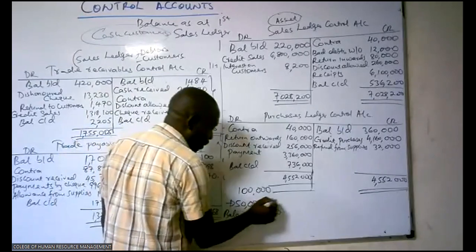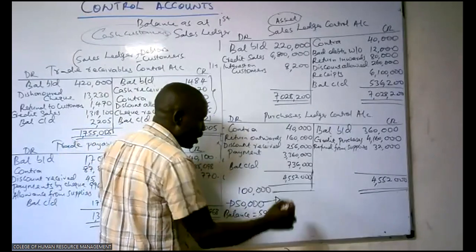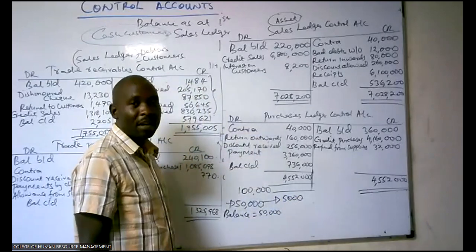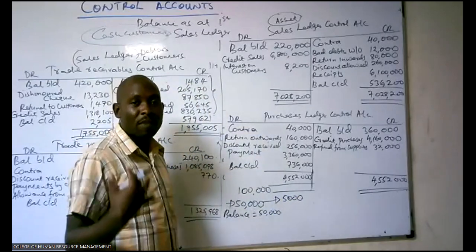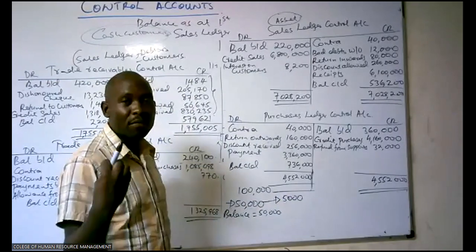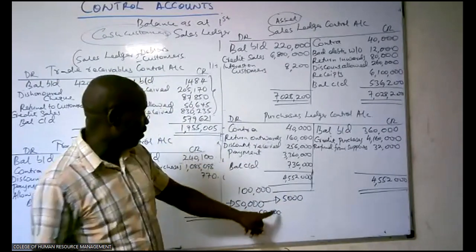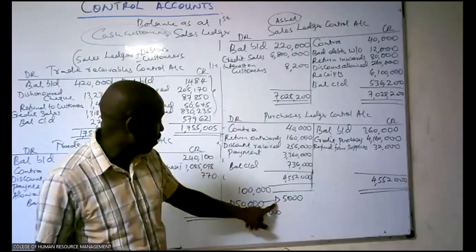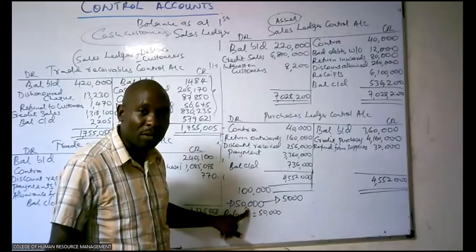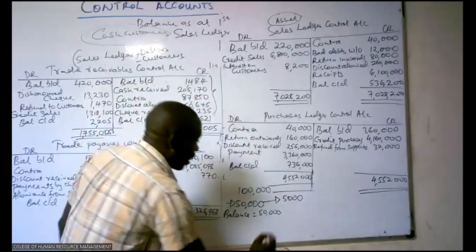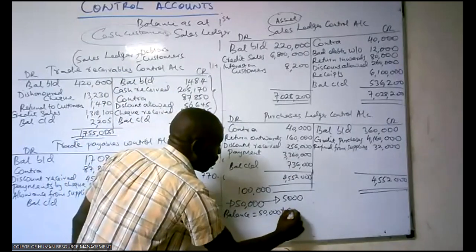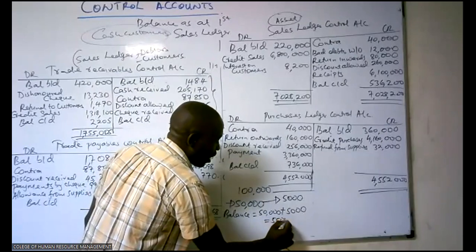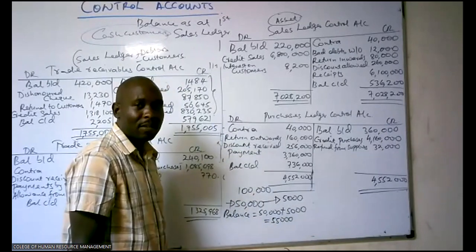But this supplier that we have paid, if we realize that we have overpaid the supplier by 5,000, and that supplier gives us a refund of 5,000, then it simply means that we have paid him 45,000. So the balance to the other ones will not be 50,000, it will be 50,000 plus 5,000, which is 55,000. Is it making sense?